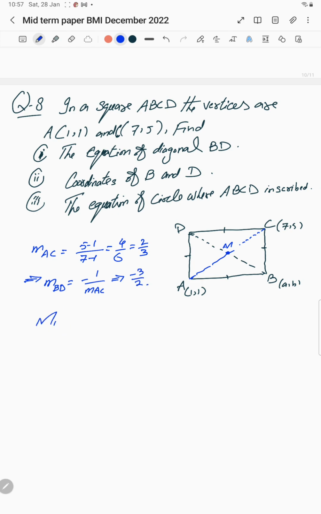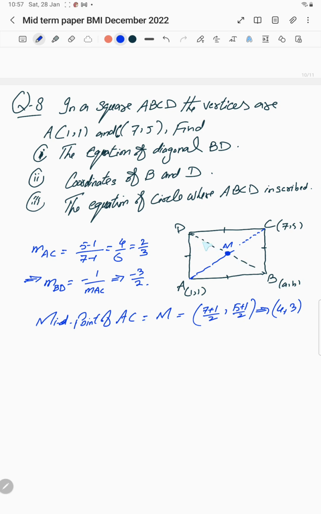So the midpoint of AC, that is M, we can find by the midpoint rule: (7 plus 1) by 2 and (5 plus 1) by 2, that gives me (4, 3). This point M is (4, 3).